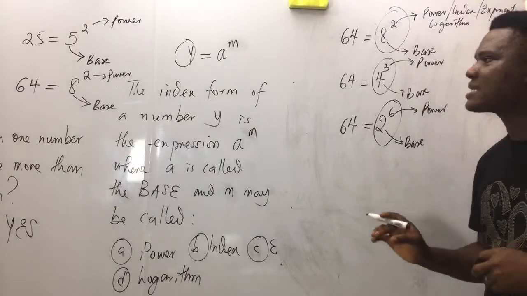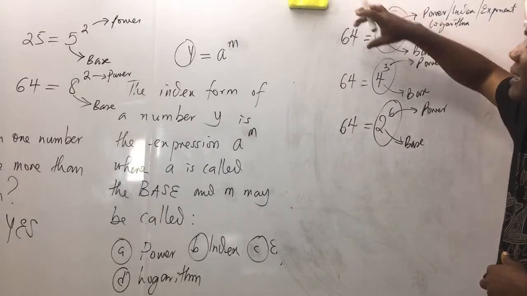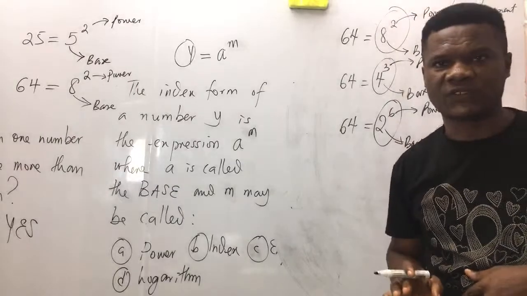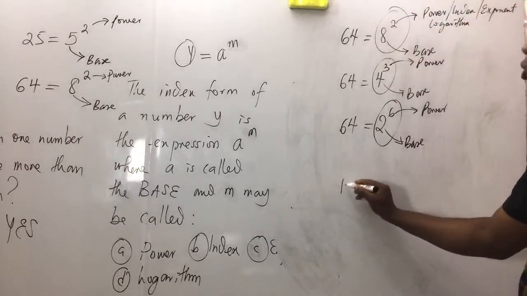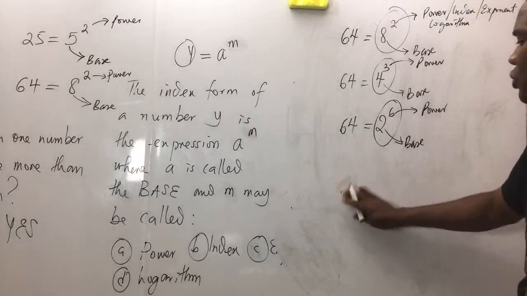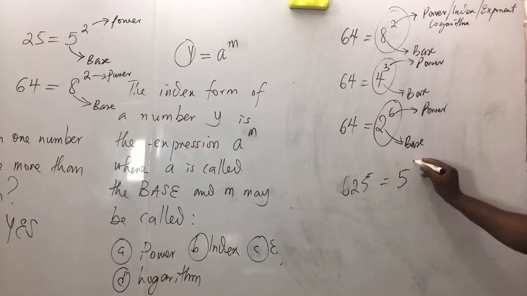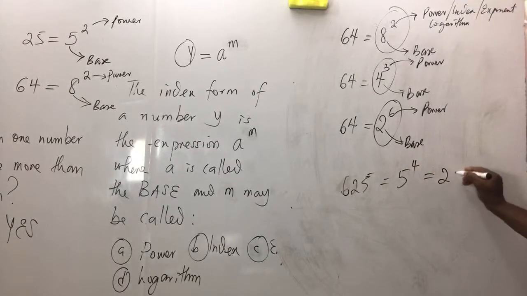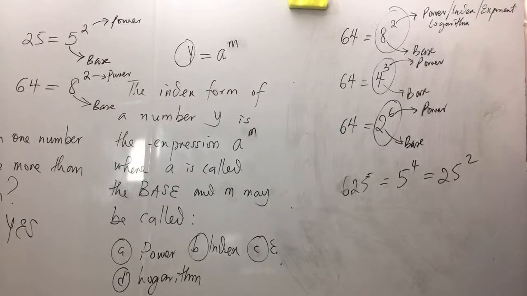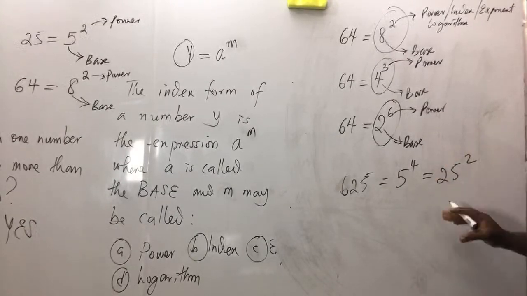So this answers the question that one number can have more than one index form. You could look at more examples, like 625, which could be expressed as 5 raised to the power 4, which could also be expressed as 25 raised to the power 2. So these are instances of numbers having more than one index form.